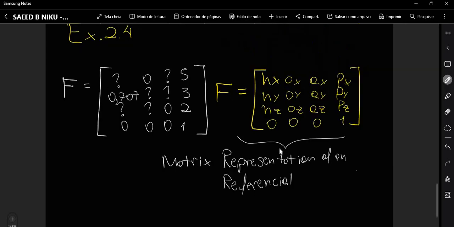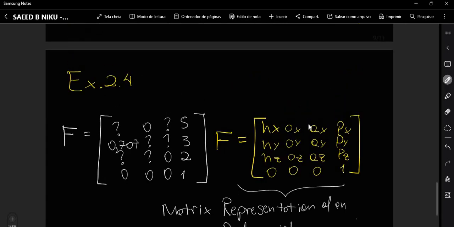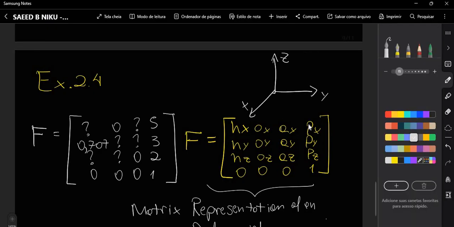And it's nice when you understand exactly what you are doing. So right here, just to remember, is the XYZ system of reference, and we can have another referential system that can be based on this.